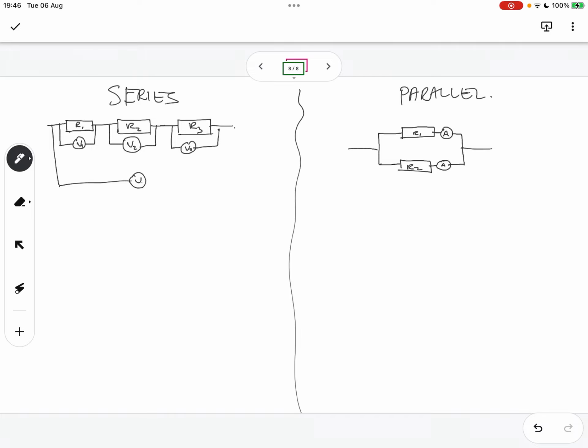That voltage would be the sum of the total voltage in the series circuit. And then the second one, where they are in parallel, we could have the voltage here, and it would be different from the voltage here.